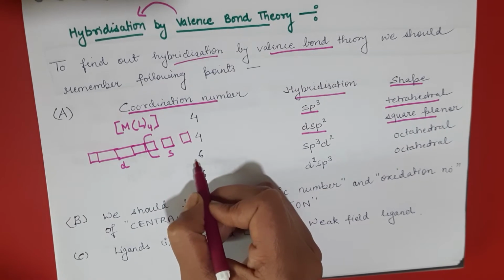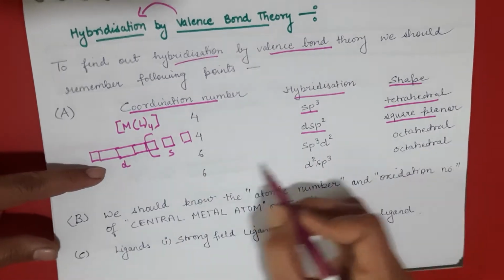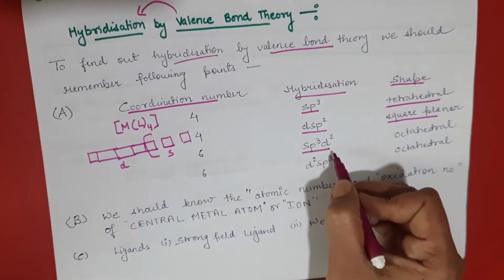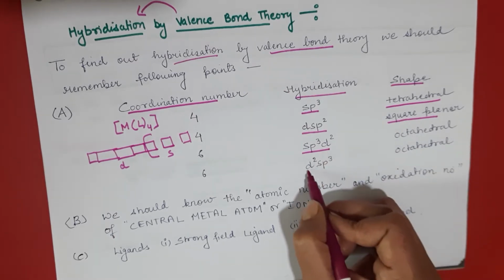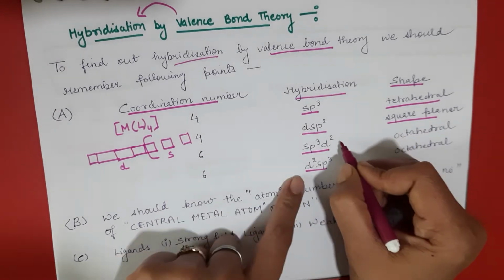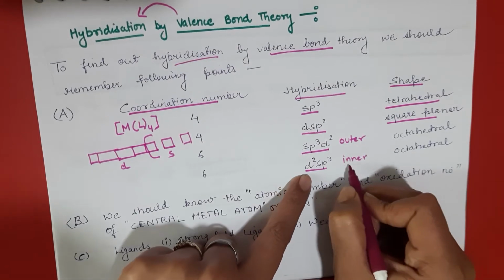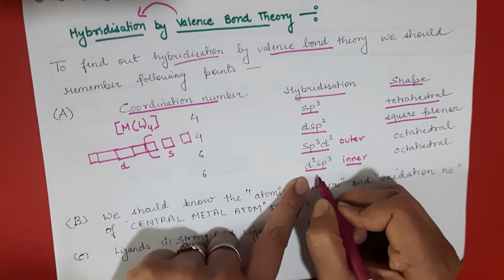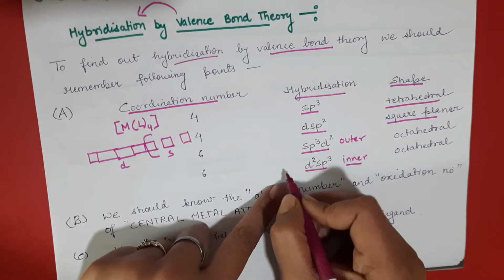If the coordination number is 6, there are again two possibilities: an outer orbital complex or an inner orbital complex. What does this mean? The d orbital used in the hybridization is from the inside.